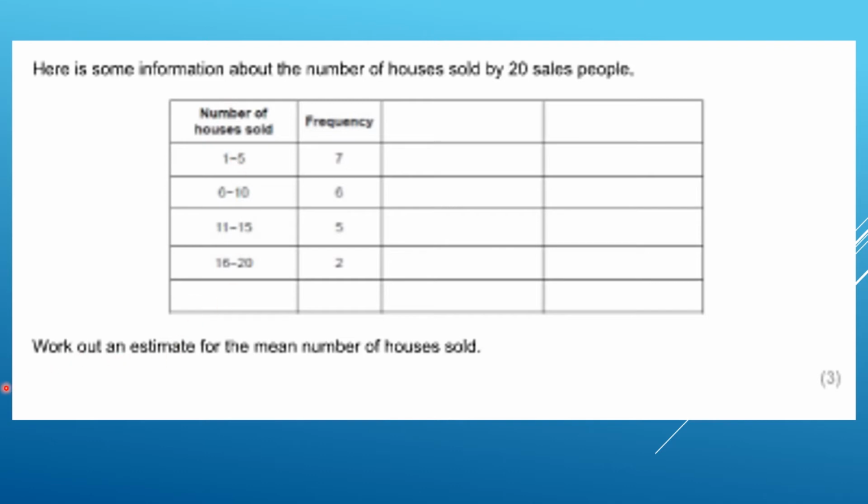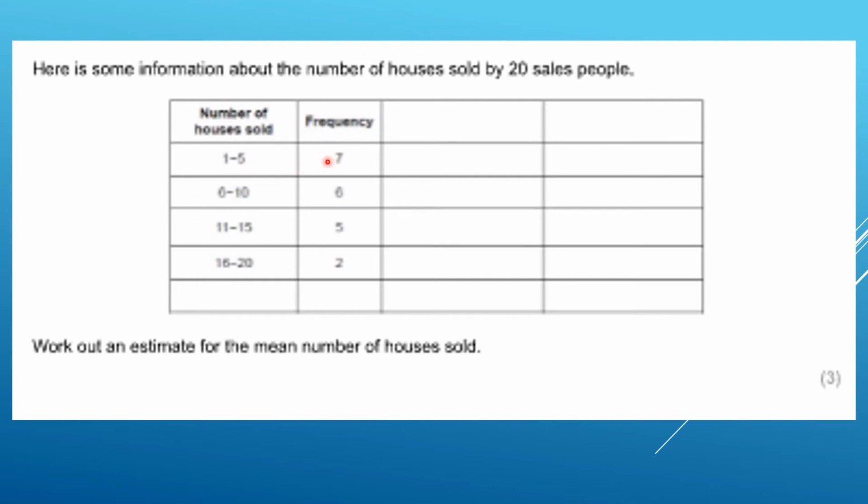The rest of the question is work out an estimate for the mean number of houses. So again, a massive clue that it's a grouped frequency table is the word estimate, and that is because we're only ever going to be able to work out an estimate because our column can include lots of different numbers. It's just the numbers 1, 2, 3, 4, 5, but it doesn't tell us exactly what numbers they are.